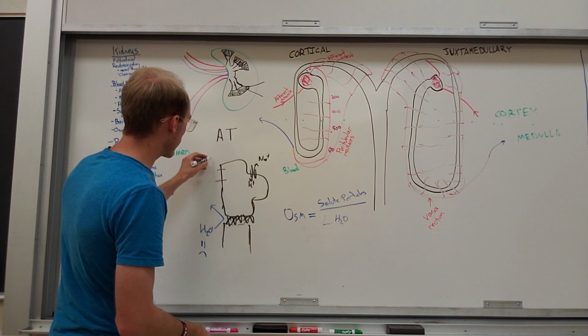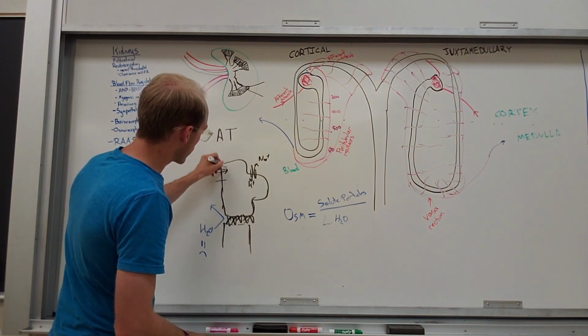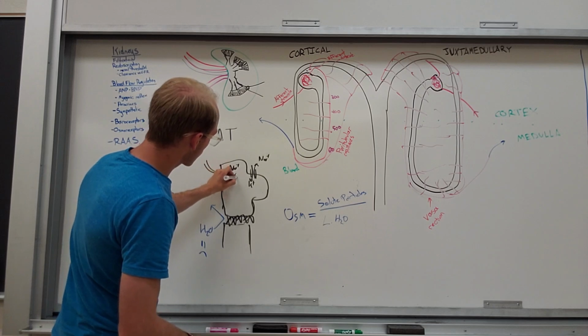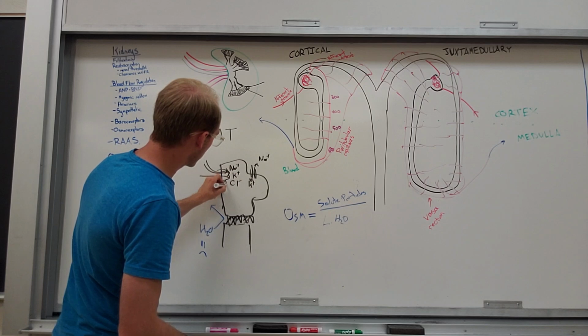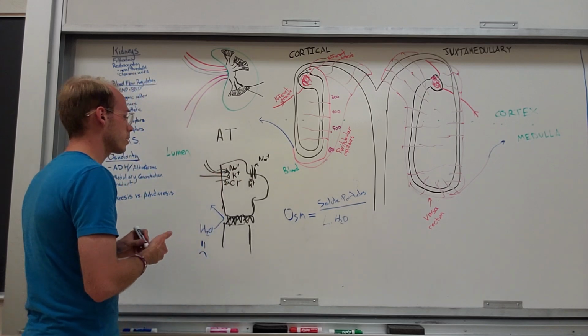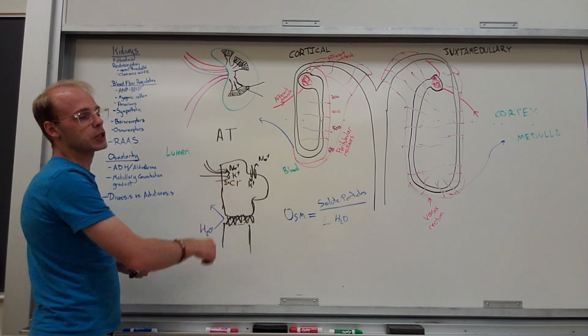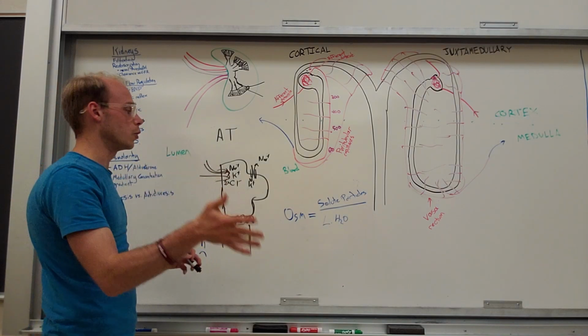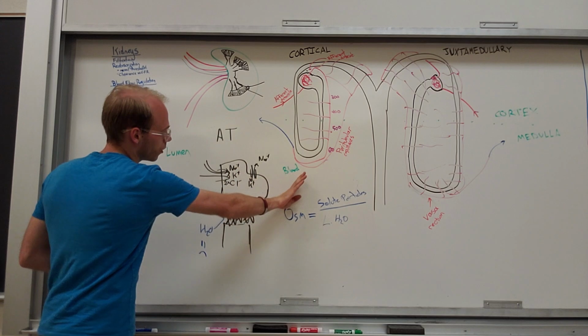But what we do have is a sodium, potassium, and 2 chlorines. This is called the NKCC channel. It moves the sodium, moves the potassium, moves 2 chlorines. That will pull these in, and then they'll pull out.